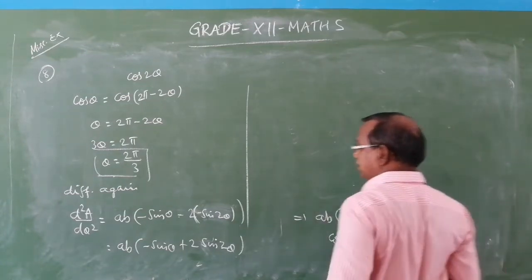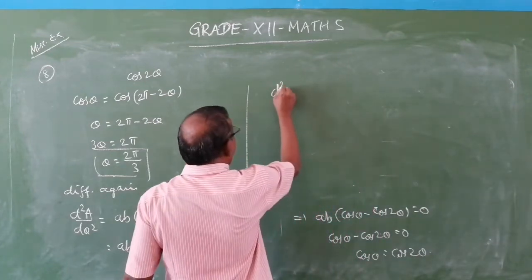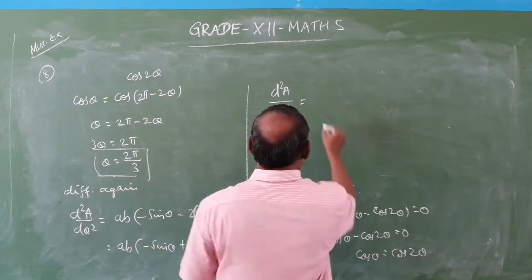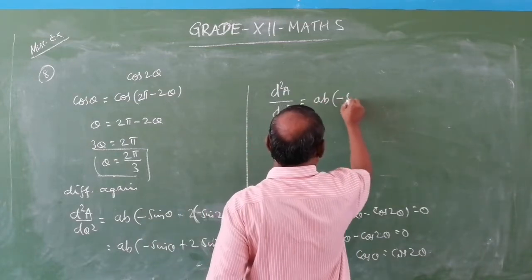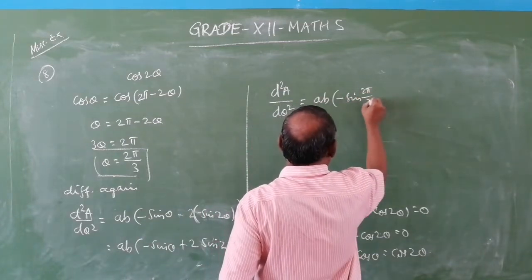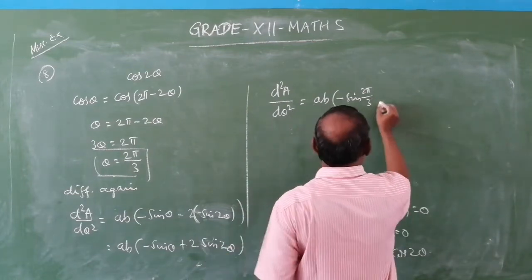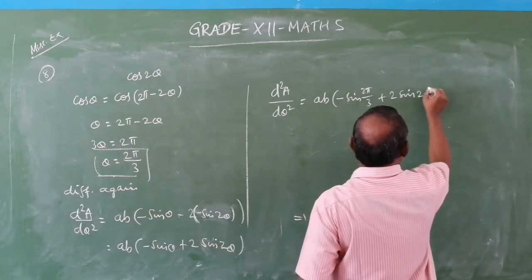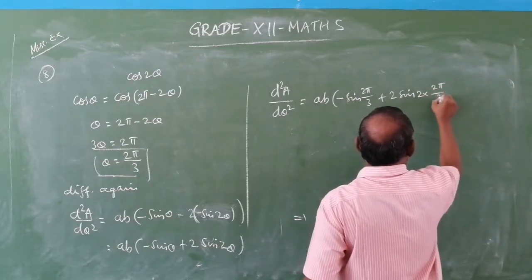Substitute the value of theta. We have d²A/dθ² = AB(−sin 2π/3 + 2 sin(2·2π/3)).